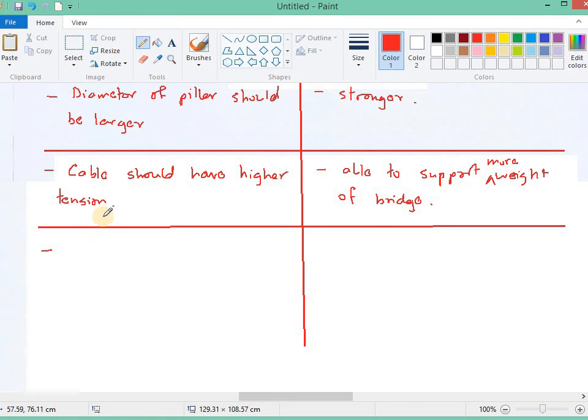Lower. Actually, it should be able to extend longer. Okay, so the gradient of the cable should be lower.